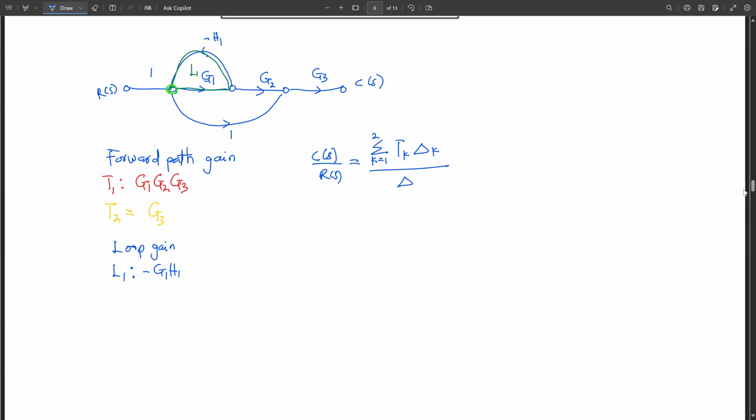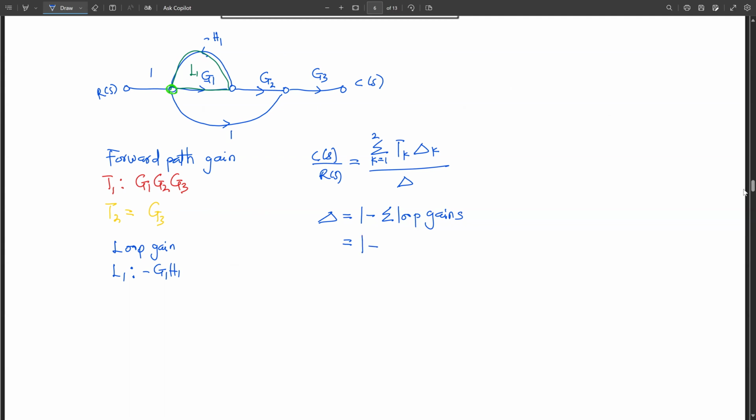So the only thing to find right now is the delta, and the delta we know from the formula is 1 minus the summation of the loop gains plus the summation of non-touching loops, but we are not going to add that term for now, right? Because I'm starting from the easy questions and I'll graduate to the difficult questions with two non-touching loops, taking two at a time and all of that, right?